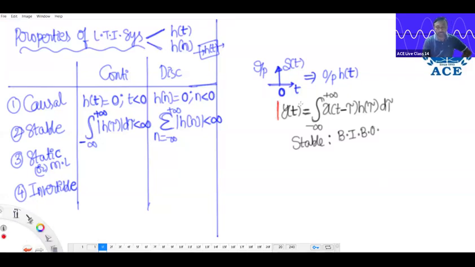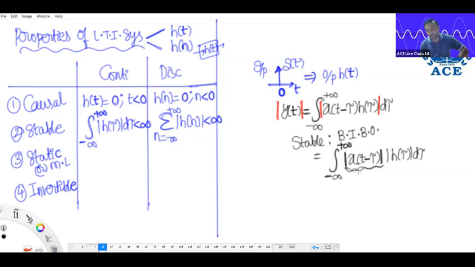We are dealing with boundedness with respect to absolute value. Take modulus on both sides. On the right side, one quantity is mod x of t minus tau, another quantity is mod h of tau d tau. As we are saying the word bounded input, even if we shift the signal, its magnitude is finite.